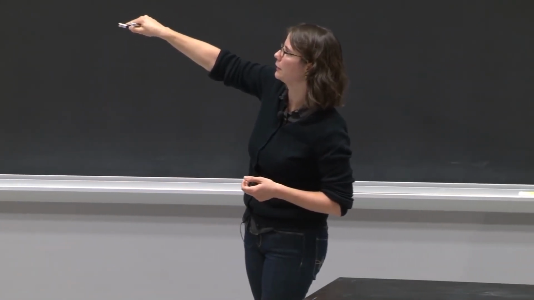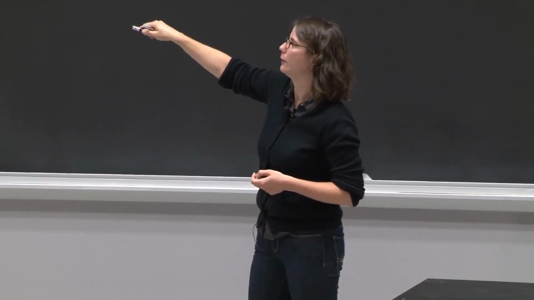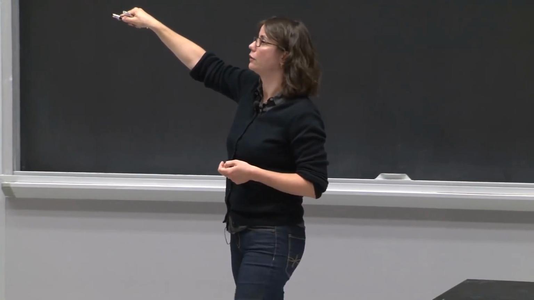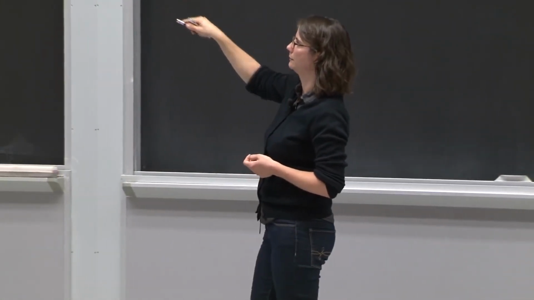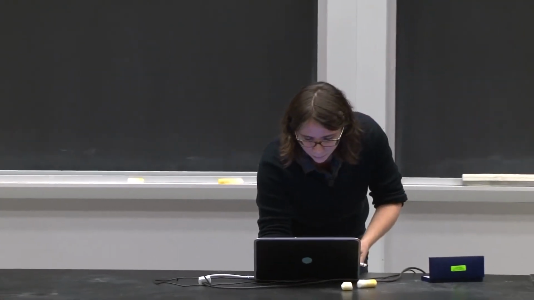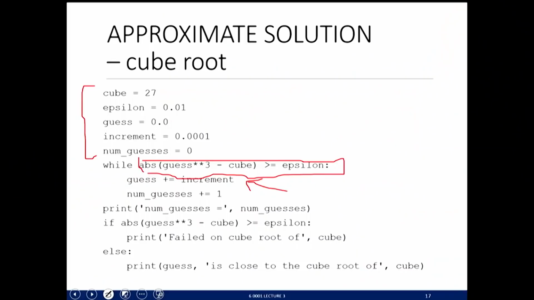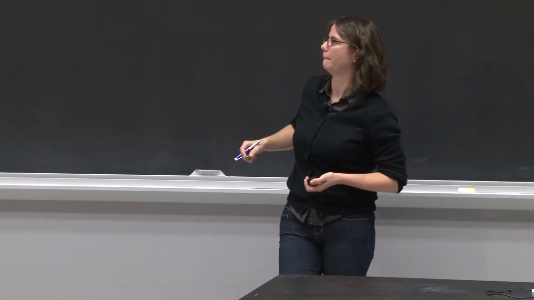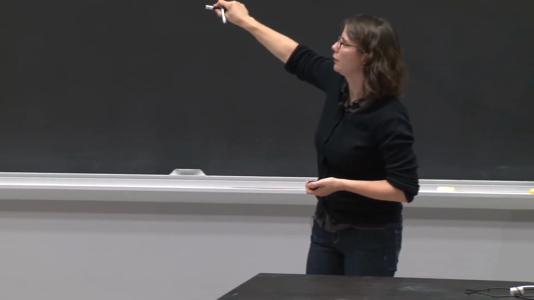We're going to be stuck in this loop where we keep guessing values until we've reached a guess that's good enough, until we're less than epsilon. The way we keep guessing is with this line right here, which says increment my guess by increment, this really small value. That makes sense? OK. So I'm going to keep incrementing my guess by that small value.